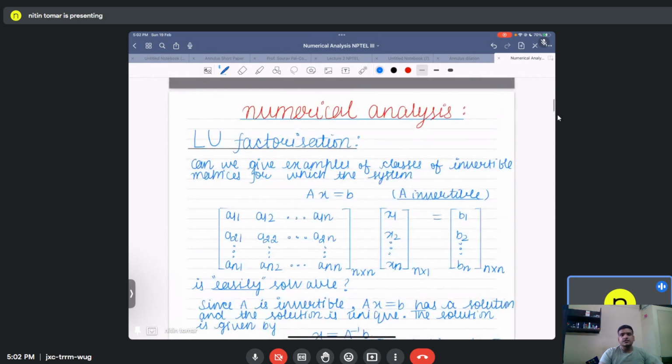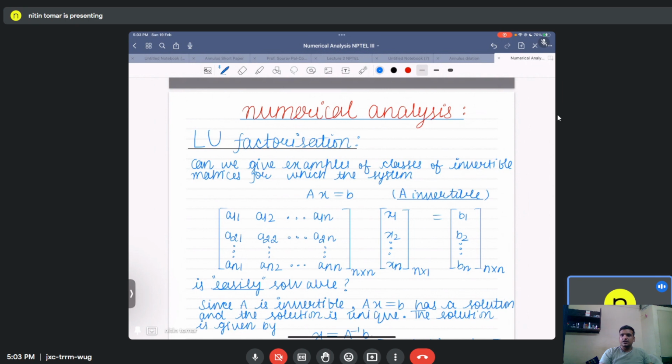So with this, we have finished the various LU factorization methods for a given system of equations Ax = b, where A is invertible. We saw what we mean by LU factorization, and that LU factorization for a given invertible matrix need not always be possible.